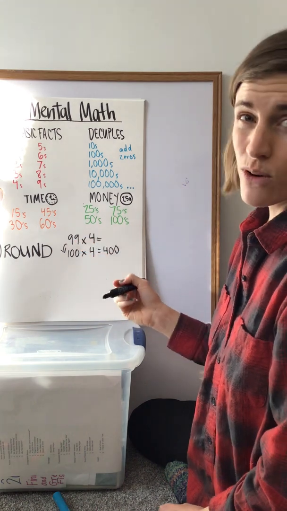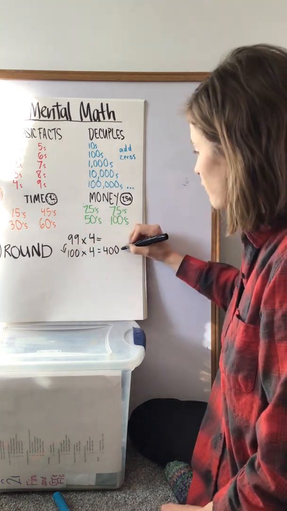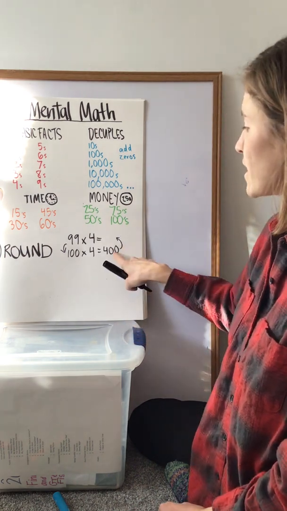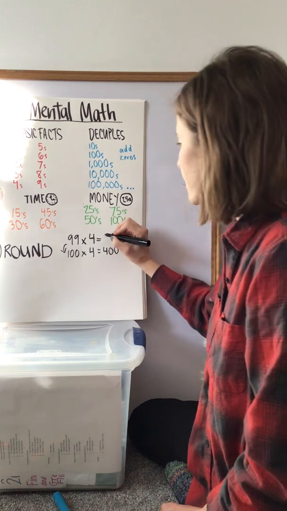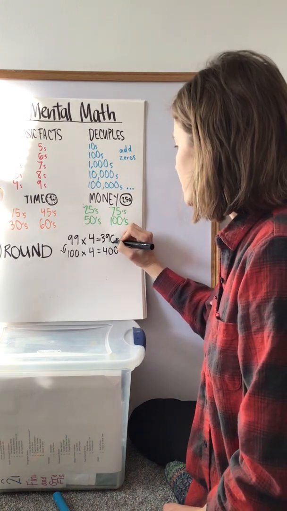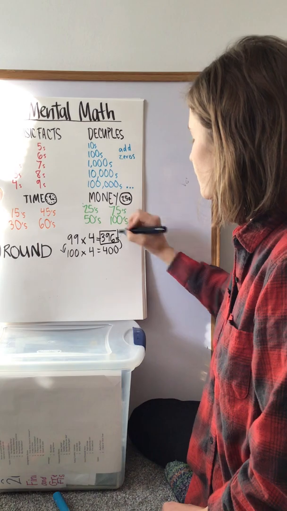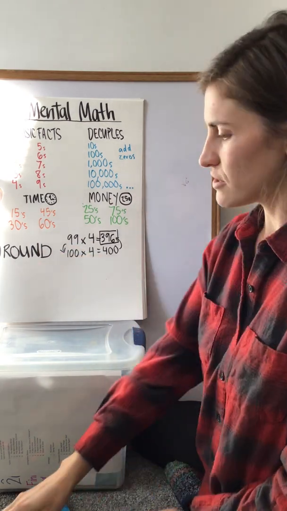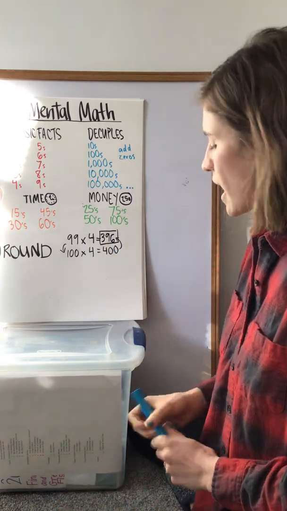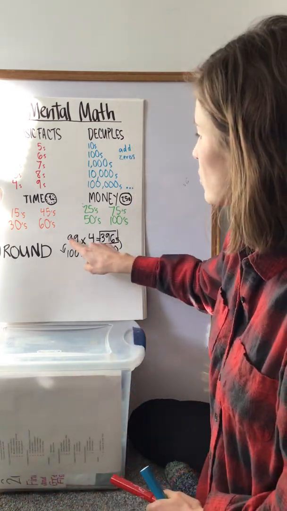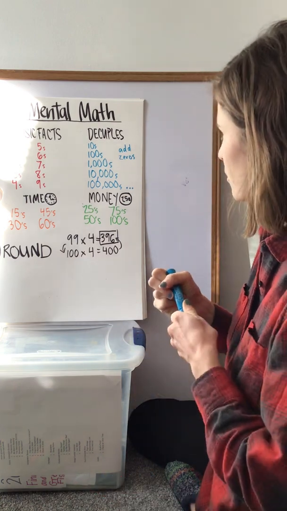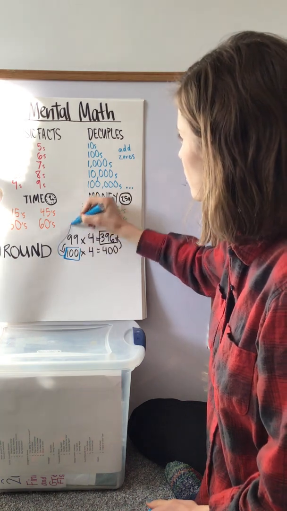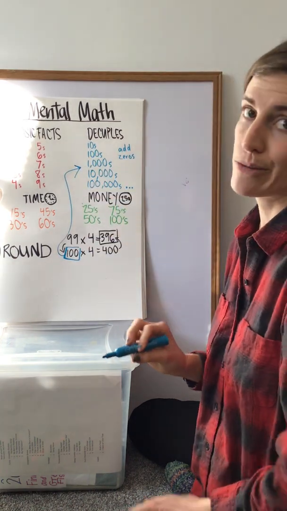I'm multiplying it by 4, so that means that my answer must be 4 more than the answer to the problem. If I take 4 off of 400, I get 396. And that is my answer. So this is one strategy you can use, rounding. I rounded the number 99 to 100 so that I could use the strategy of a decible.